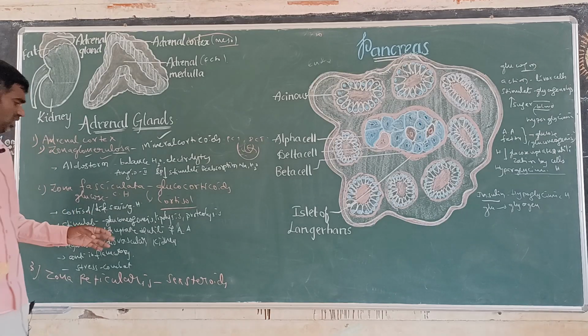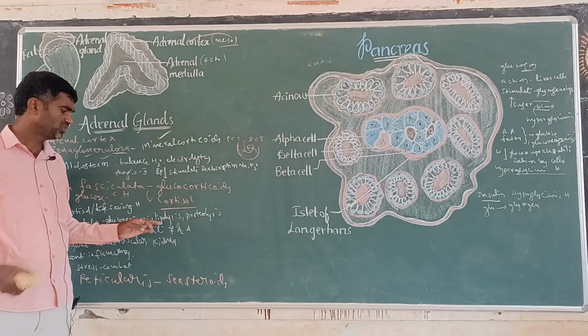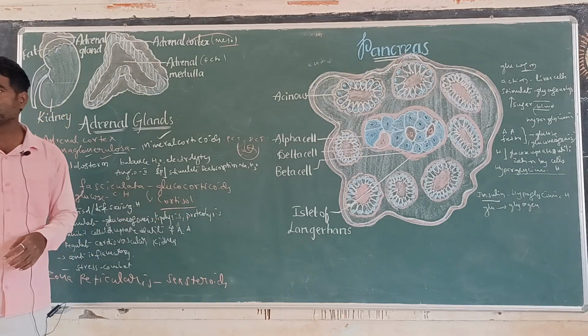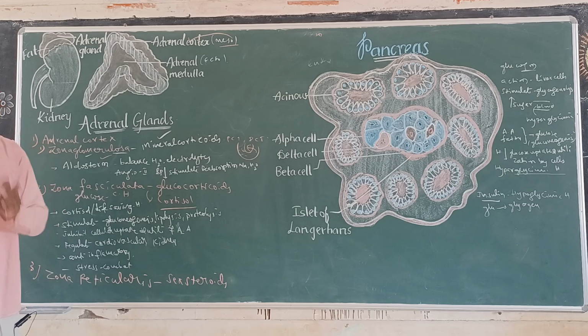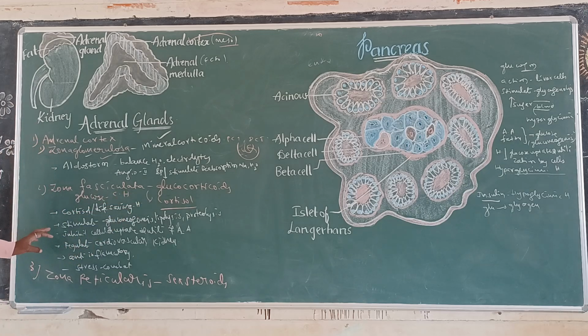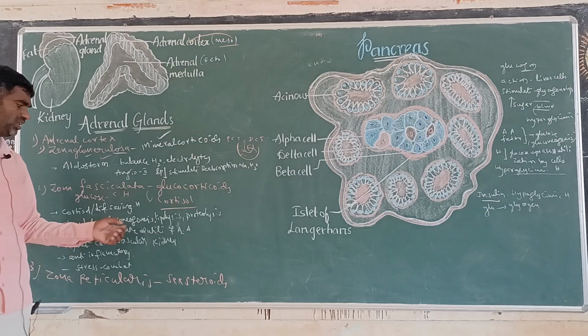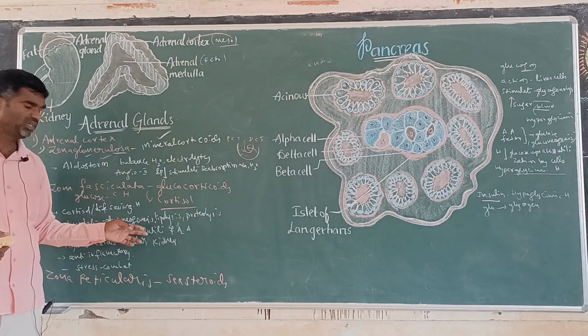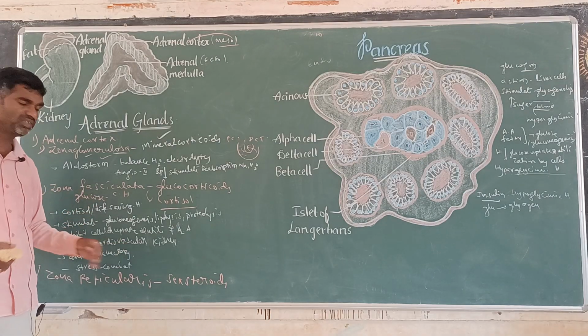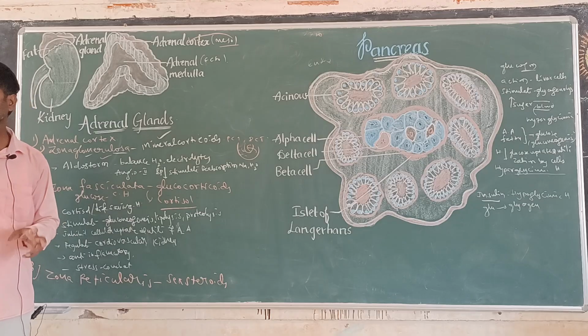It stimulates gluconeogenesis, lipolysis and proteolysis. This is the main function of cortisol. It inhibits the cellular uptake and utilization of amino acids, and it regulates the cardiovascular system and kidney functions.